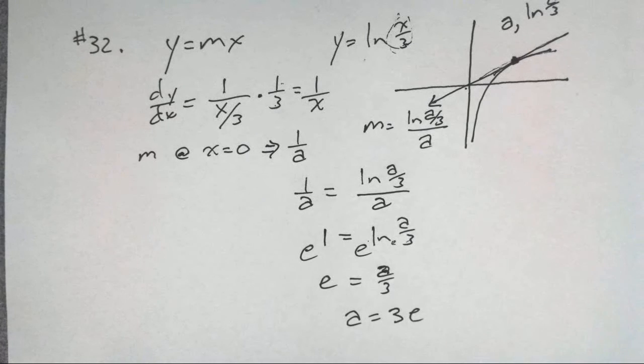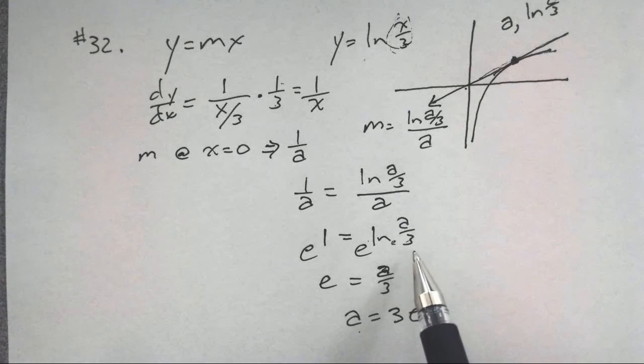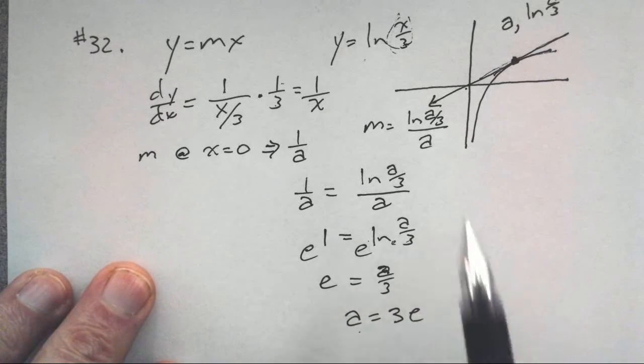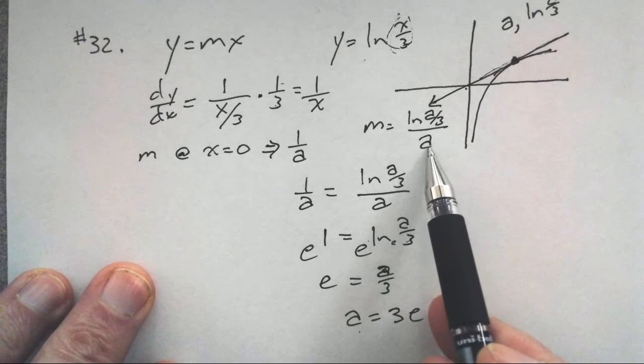So let's just make sure we answer the question again. A line with slope m passes through the origin and is tangent to y equals ln(x/3). What is the value of the slope? We get slope equals, that's a/3 equals e to the first. Let's go back and fill that into our slope formula.